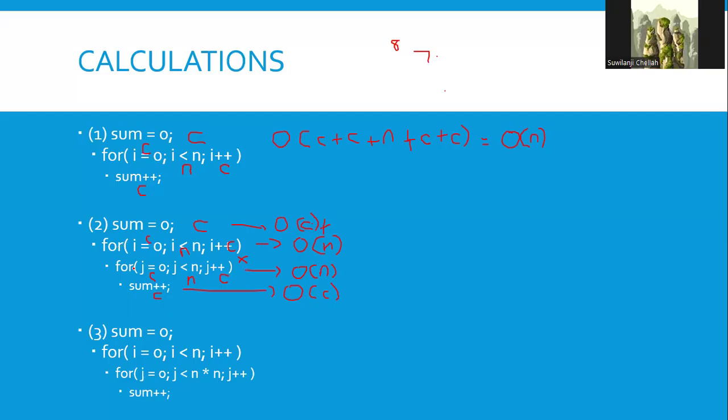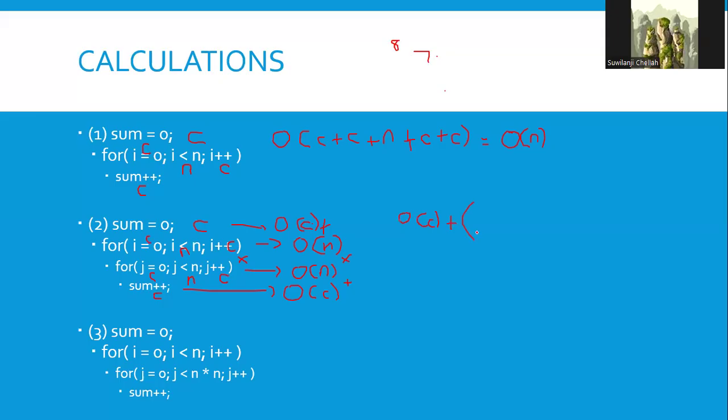Because this one is a child of that for loop, we're going to multiply these two loops, like I mentioned earlier. And then here we're going to add this one, plus that one. So I've got big O of the constant time plus these two, which we multiply, and then we have this one.